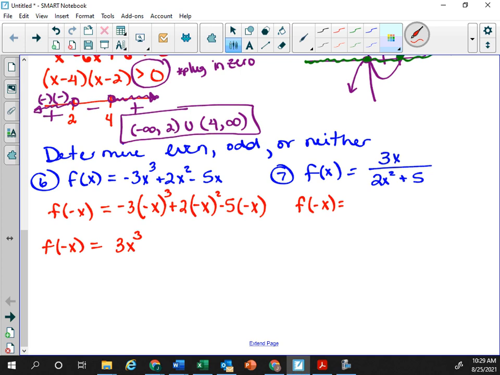Okay? Think of the negative x cubed first, then times -3. All right, so then the next one here, negative x when I square it will become positive, and then times 2, so that's going to be plus 2x squared. And then I've got a -5 times negative x, that would be plus 5x. Okay, so you just have to show what it is simplified. Not that hard, right?